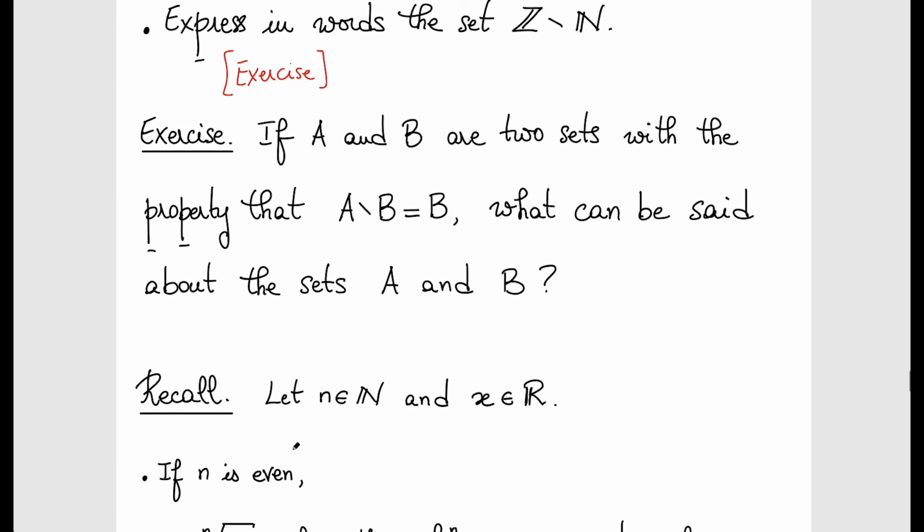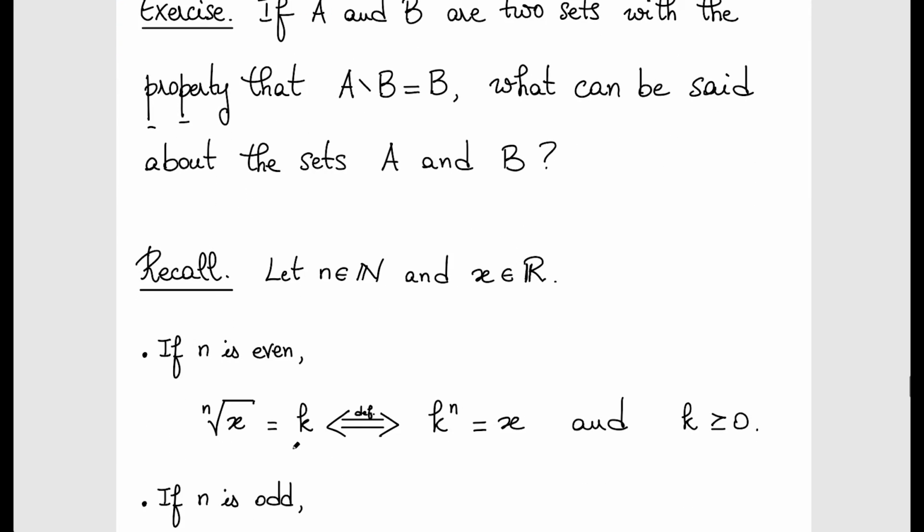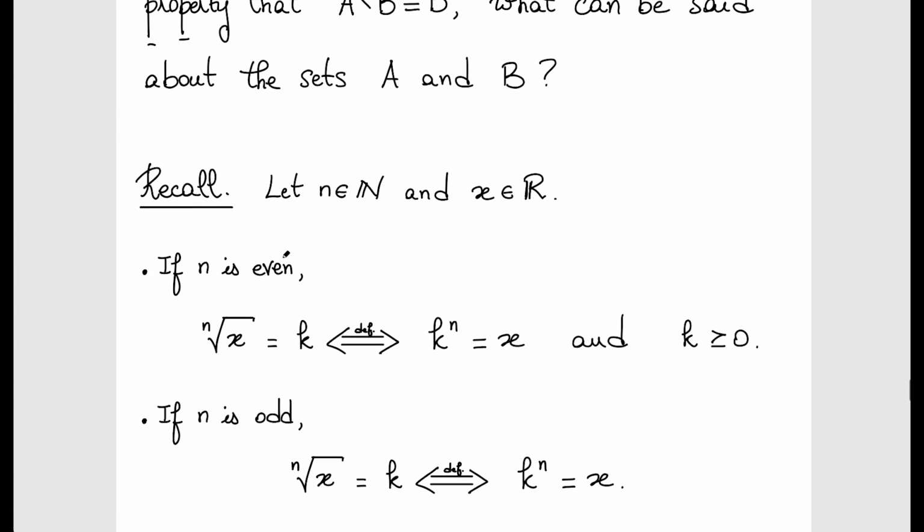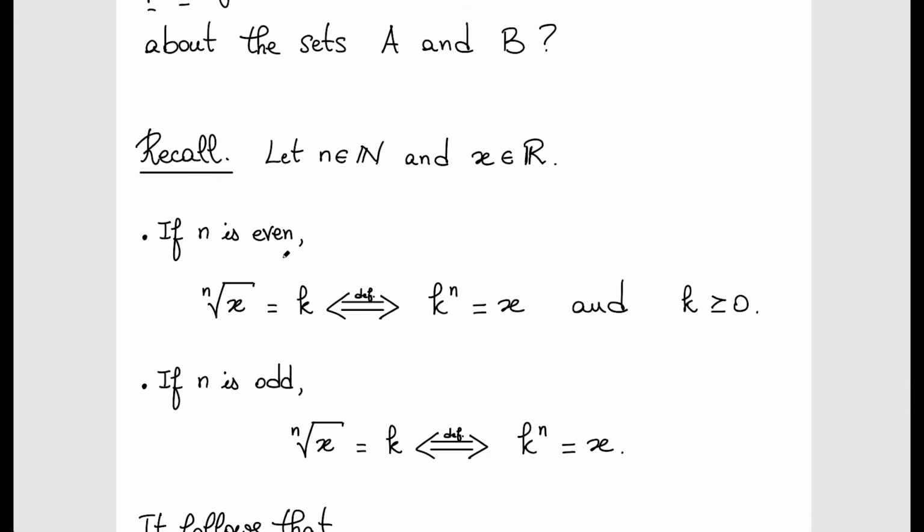All right. The last part of the review slash terminology is about the nth roots. Let's recall the following. Let n be a natural number, meaning positive integers, and x be a real number. If n is even, remember what this means?